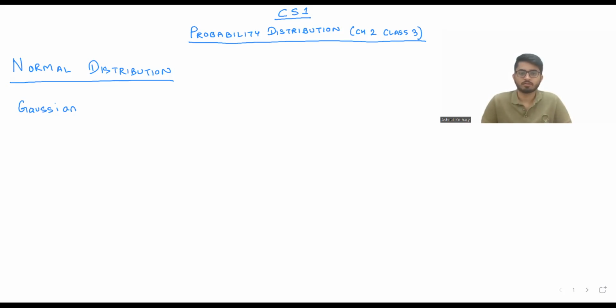Next point, much of large sample statistical inference is based on it.